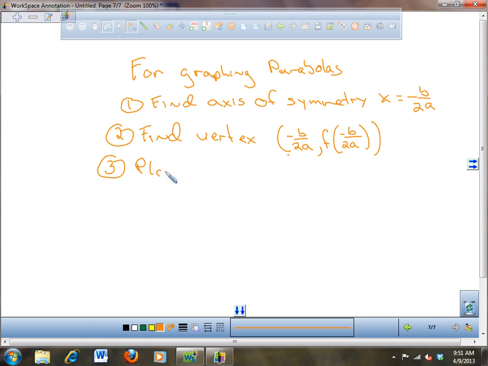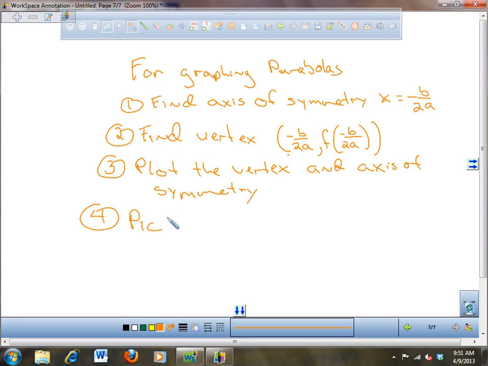plot the vertex and axis of symmetry. And then 4 is pick points.